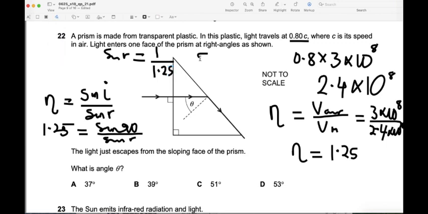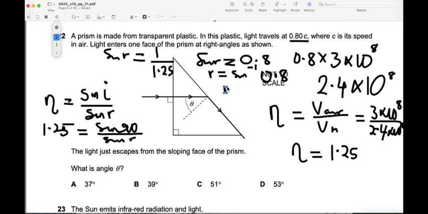Sine R is equal to 0.8, right? Now we find the sine inverse of 0.8. R will be the sine inverse of 0.8, which is 53.1.